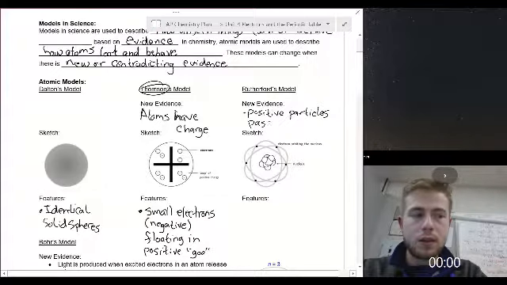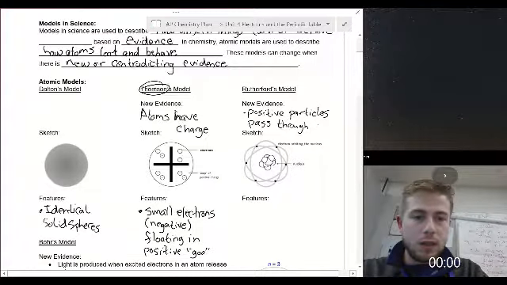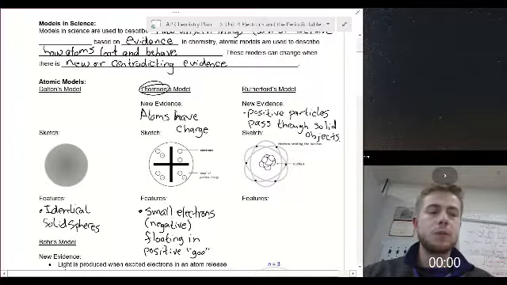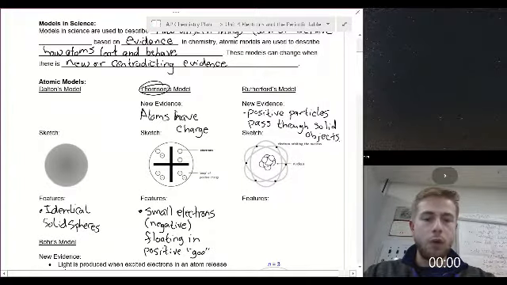So he found that positive particles pass through solid objects, a solid sheet of gold foil.